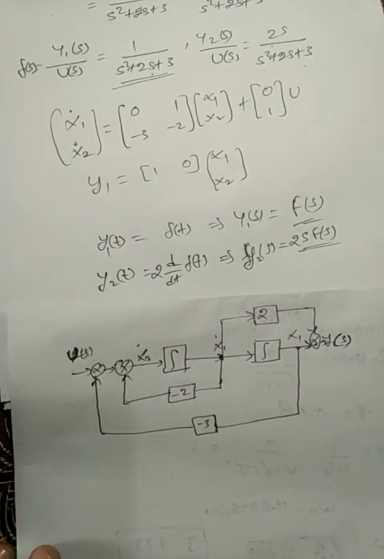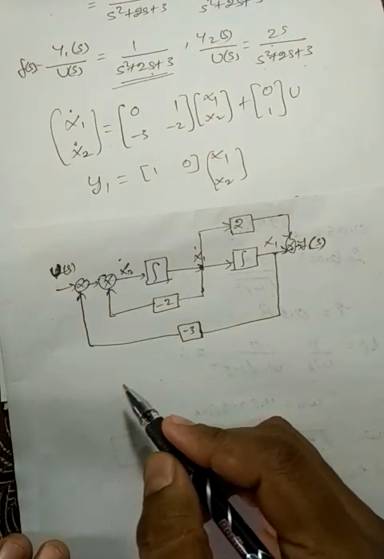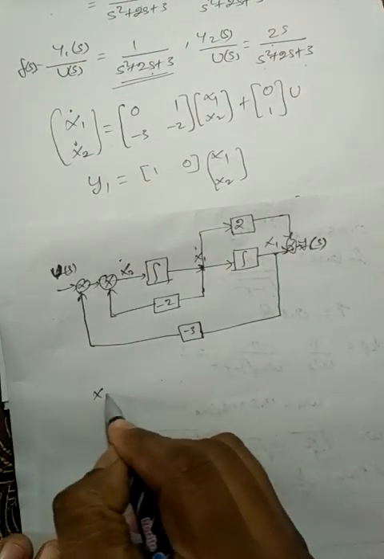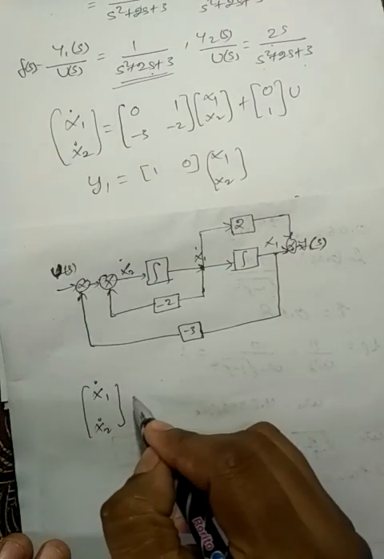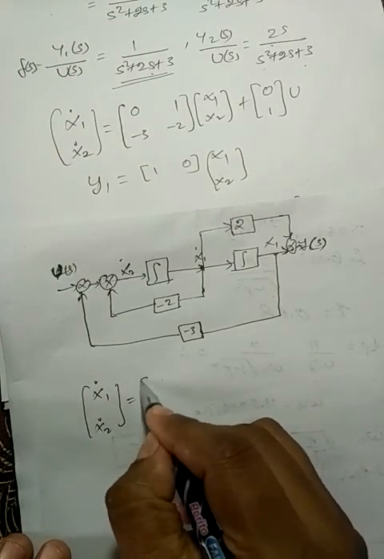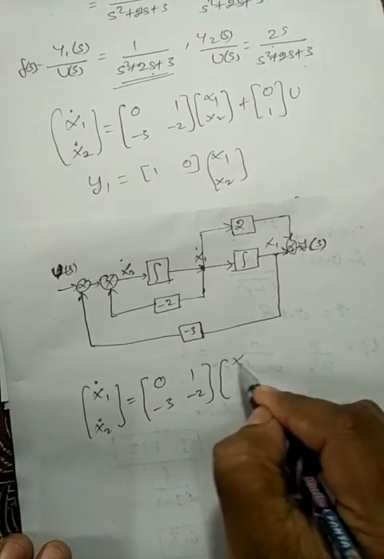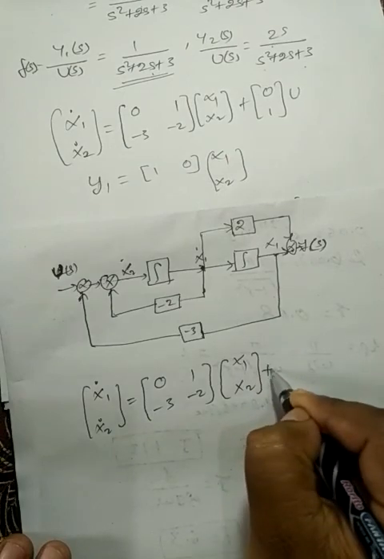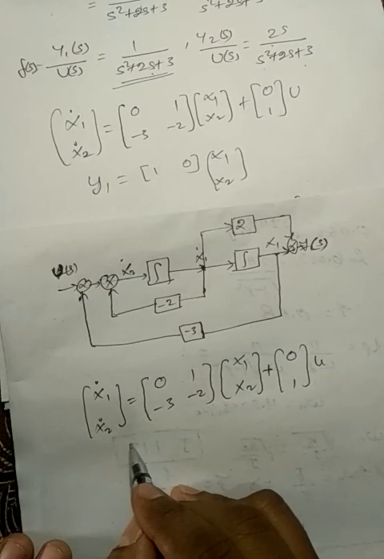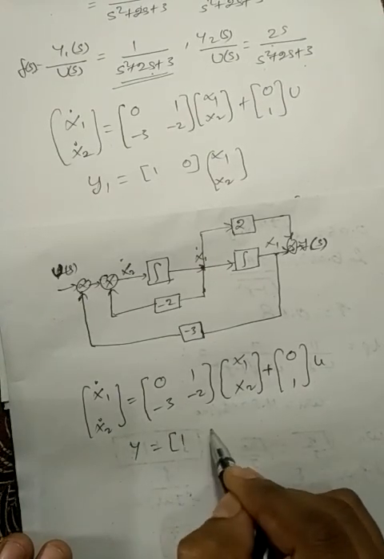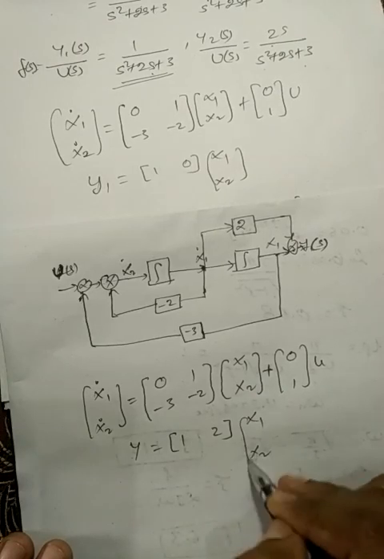And its complete state model will be [x1 dot; x2 dot] is equal to [0, 1; -3, -2] [x1; x2] plus [0; 1] u, and y is equal to [1, 2] [x1; x2].